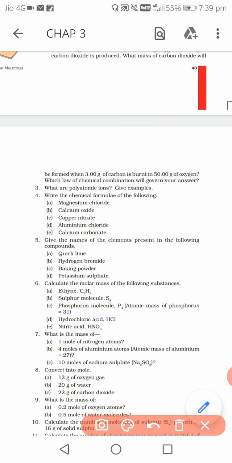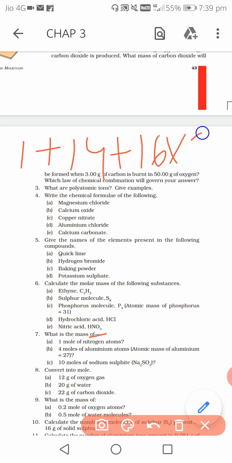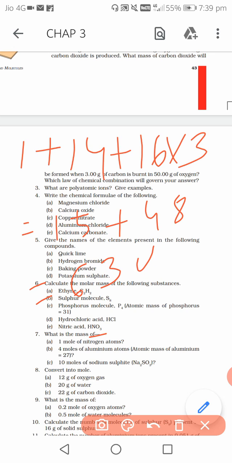Next is nitric acid, HNO3. Hydrogen is 1, N is 14, O3 means 16 into 3. 14 plus 1 is 15, plus 3 into 16 is 48. How much is that? 63 u.